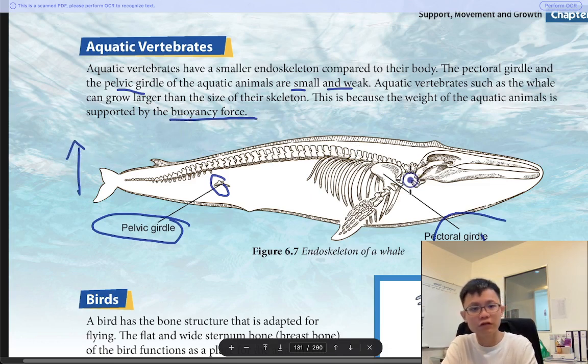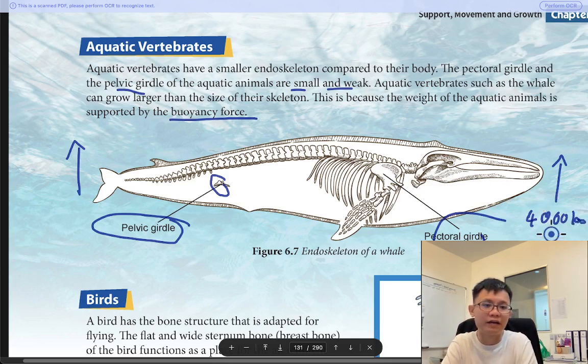The buoyancy force will push the whale up. So let's say the whale is 4 tons, 4,000 kg. But when it goes into the water, the whale only weighs 2,000 kg.